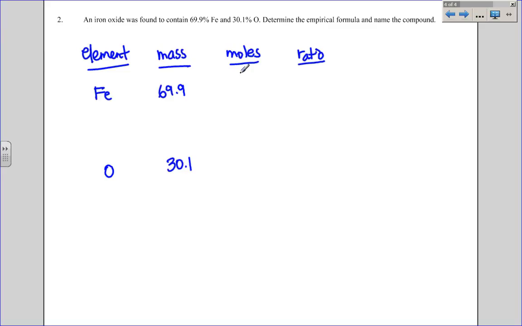So for iron, I divide by 55.85, and for oxygen, I divide by 16. And the values that I get are 1.25 and 1.88.